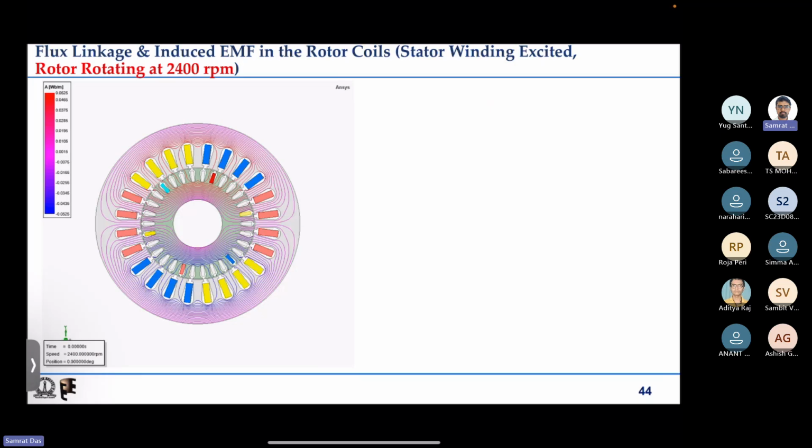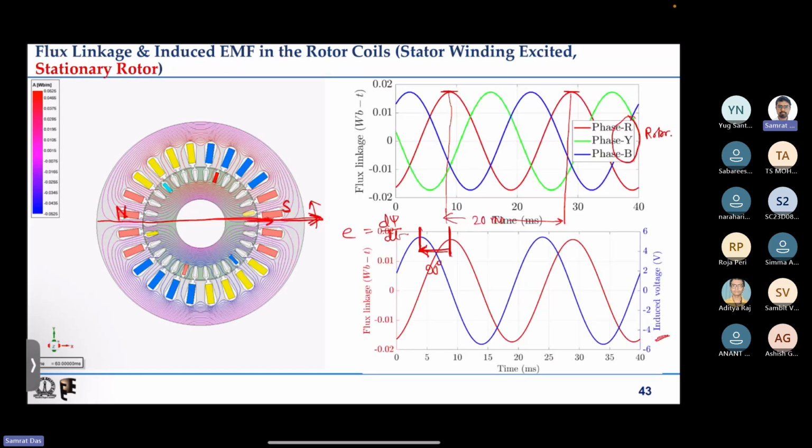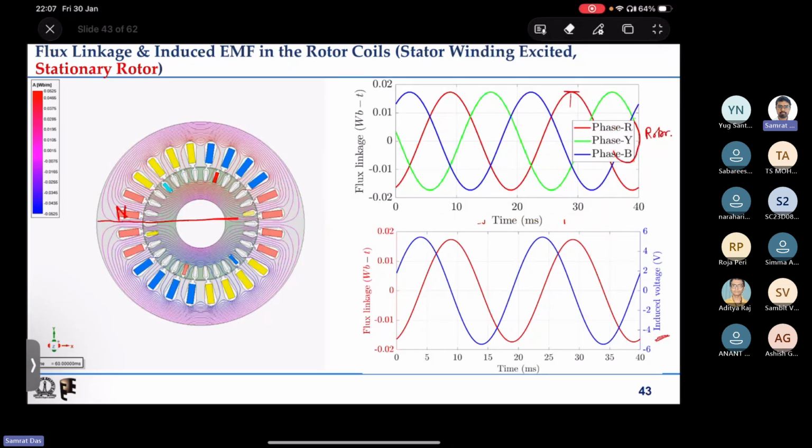Okay, first we'll see what happens, or let us see here itself. I'll remove these portions, and we'll understand what we mean by flux linkage here.